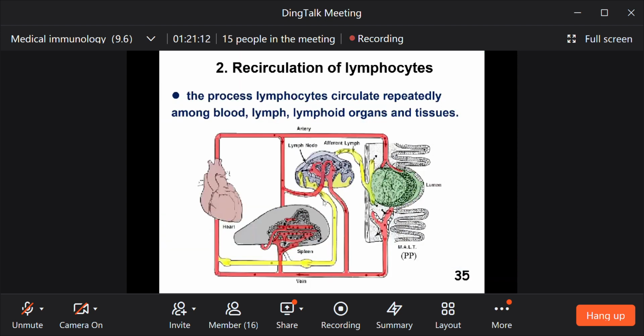Another part is recirculation of lymphocytes.